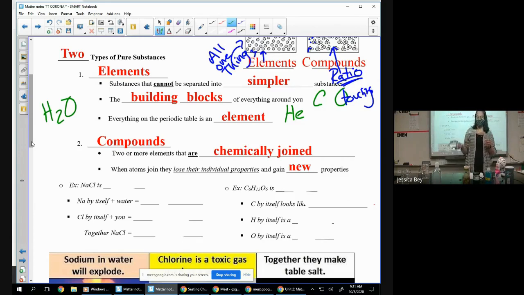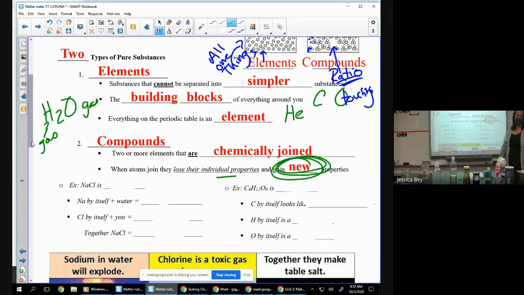Has anybody ever seen an oxygen tank or known anybody that's needed an oxygen tank? At room temperature, is oxygen liquid? Oxygen is a gas, right? And hydrogen, if you didn't know, is also a gas. Is this a gas? This is a liquid. So once hydrogen and oxygen come together, they make a brand new thing called water, and they lose their old properties and they gain new properties, okay?